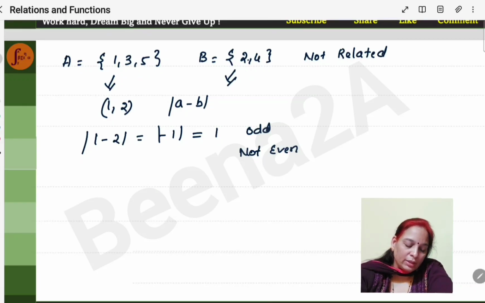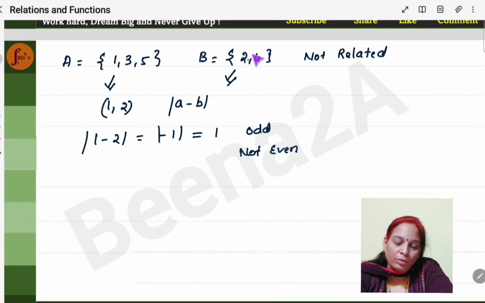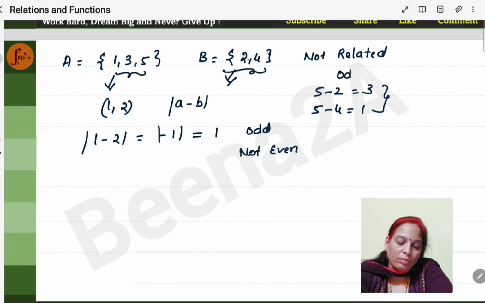You can take any example. You can take even 3 and 2. You take 3, 2 or 3, 4. It will give you an odd number. Or take 5, 2. What is 5 minus 2? You will get 3. If you take 5 minus 4, you will get 1. So every time you subtract any number from this set and any number from this set, you are going to get an odd number.